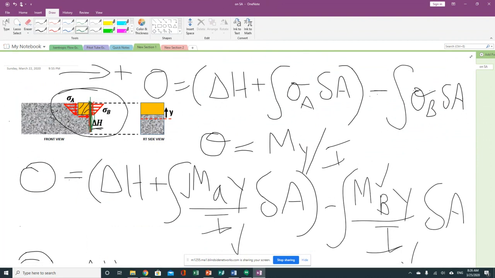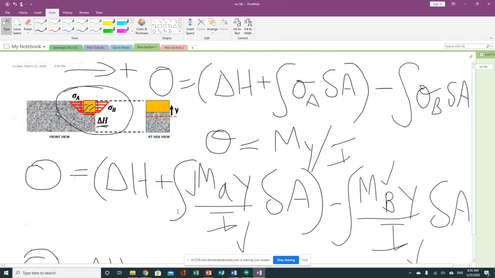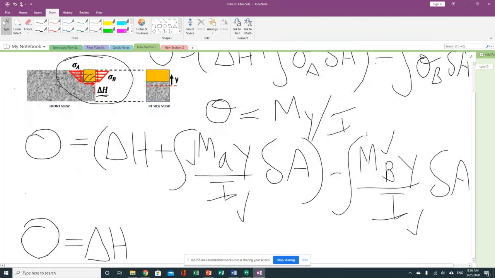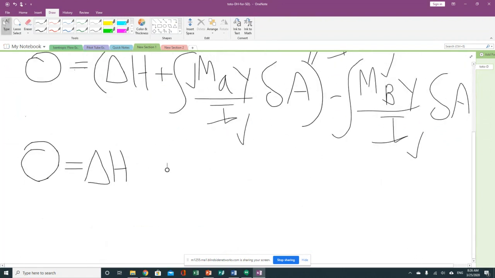Therefore, I'm moving vertically in Y in order to perform my integration. Therefore, Y is not constant. Y is varying. So I can pull out the bending moment, I can pull out the I, but I can't pull out the Y.